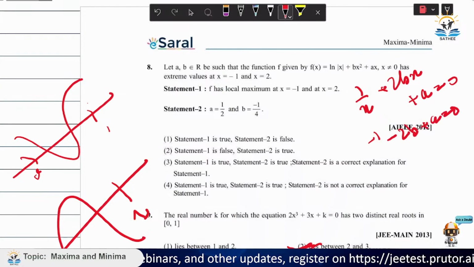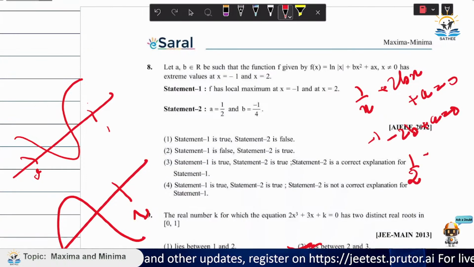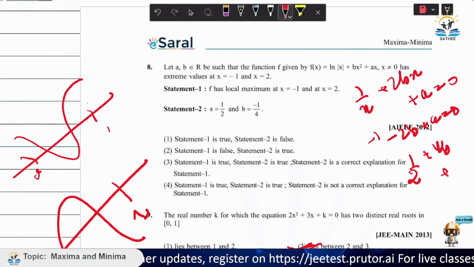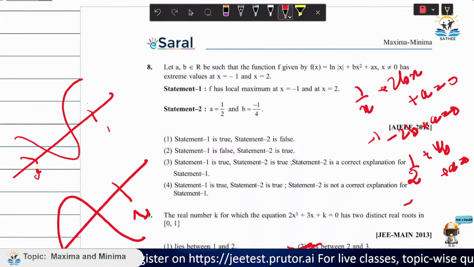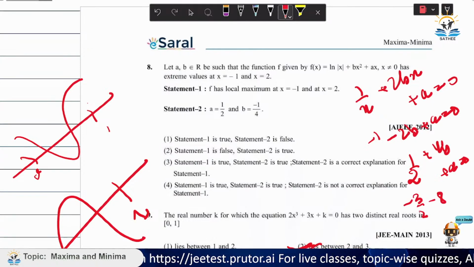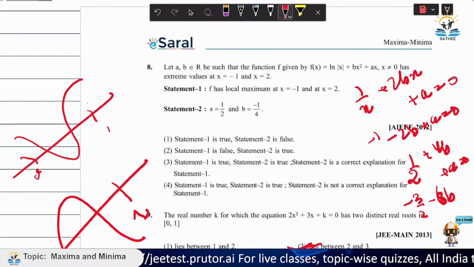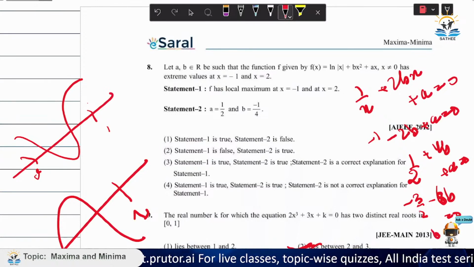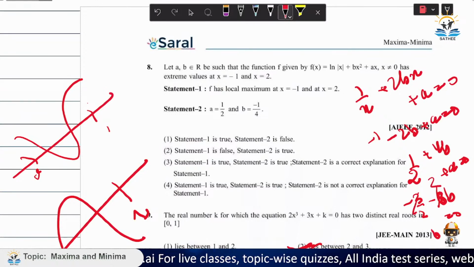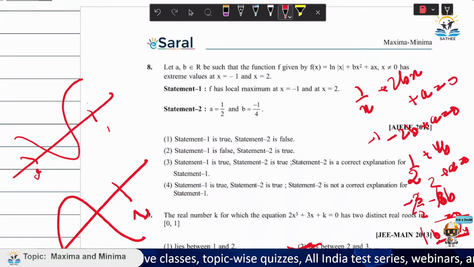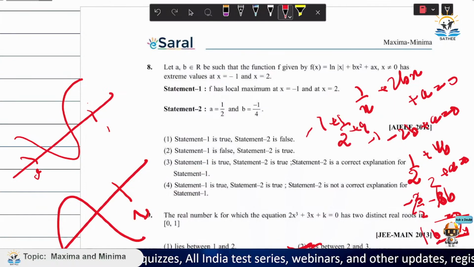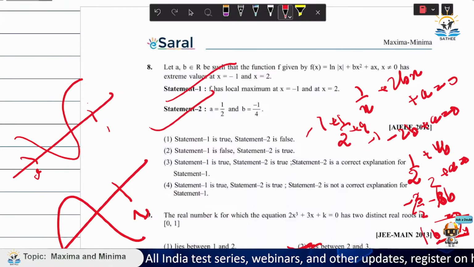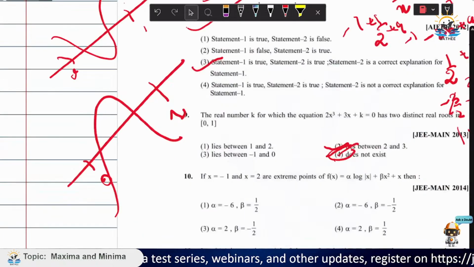And putting the value of 2 here, we have 1 by 2 plus 4b plus a is equals to 0. Subtracting these equations, we have minus 3 by 2 minus 6b is equal to 0. So b turns out to be minus 1 by 4. And if b is minus 1 by 4, then -1 plus 1 by 2 plus a. So this is -1 by 2. Yeah, this is right. Third option is correct. 8C.